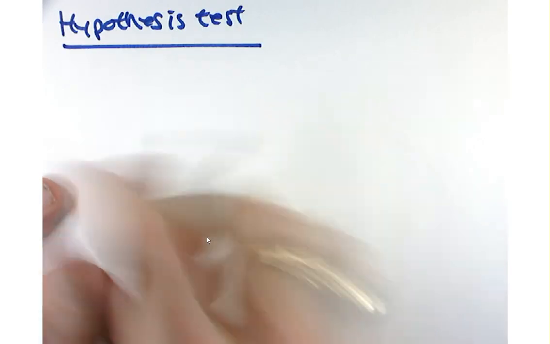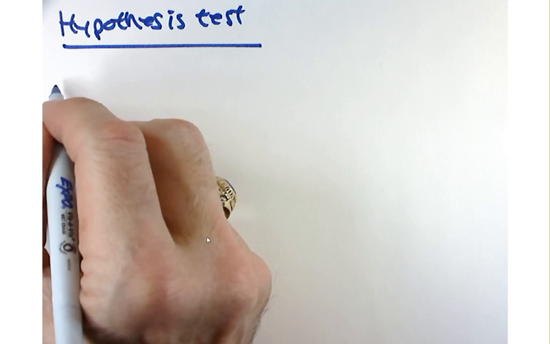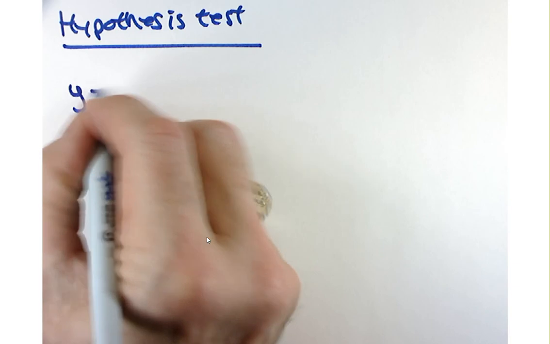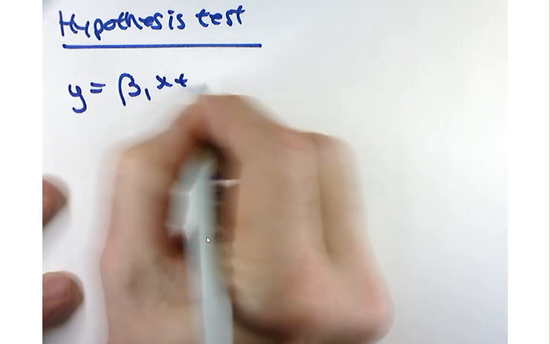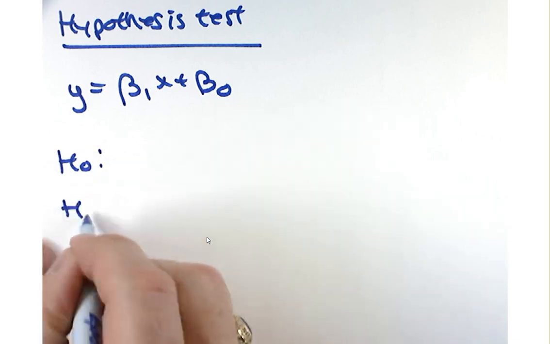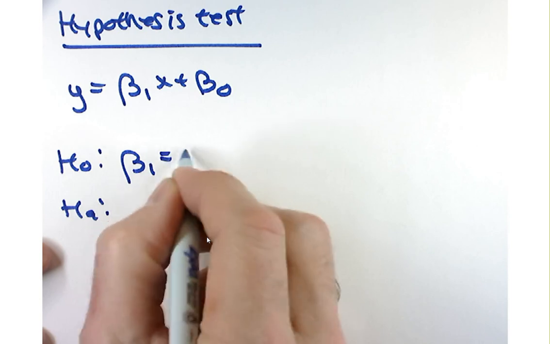In section 10.2, we're going to be testing b1x plus b sub 0. We're going to be testing whether or not the slope of our regression line is equal to 0.